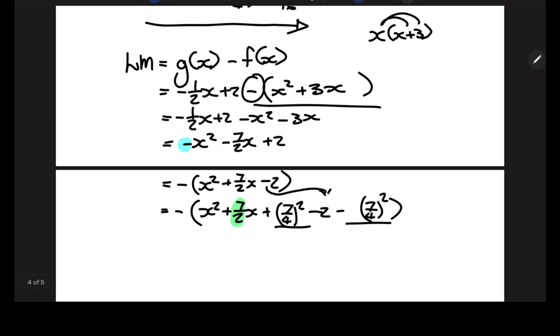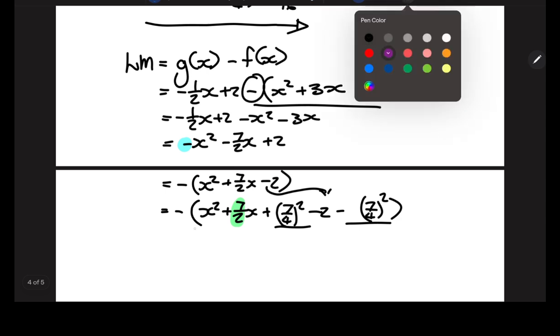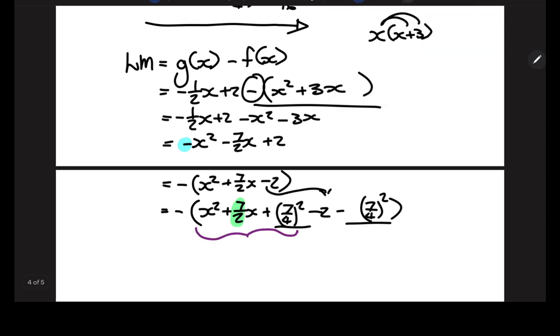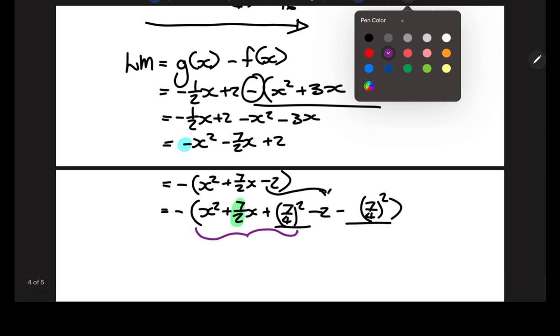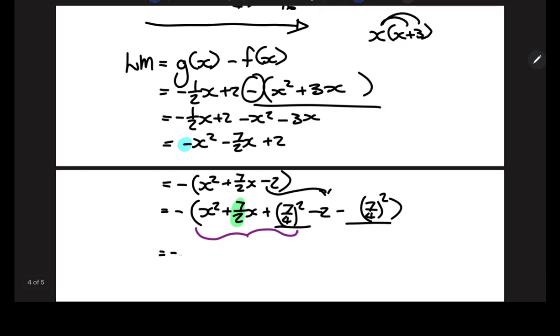Now this can be written as a square, so let's just do that. Negative. Now when I write a square, there's going to be brackets in brackets, so I have to use my square brackets. So let's just write this as a square. I keep my x and I keep my plus 7 over 4, one of them, and I square it.